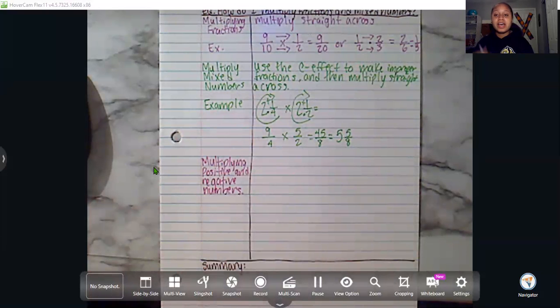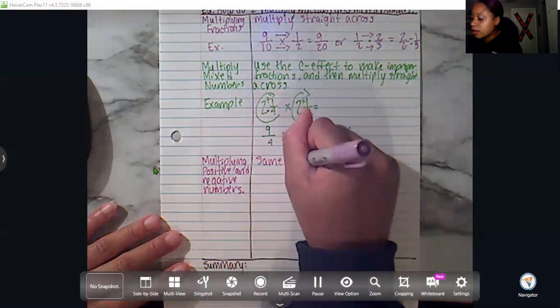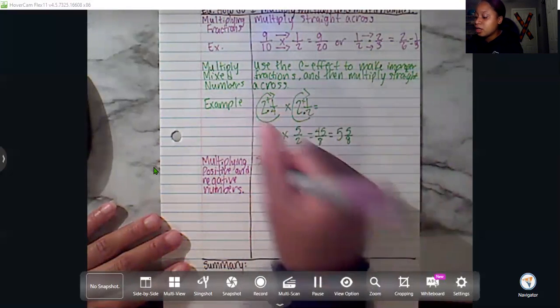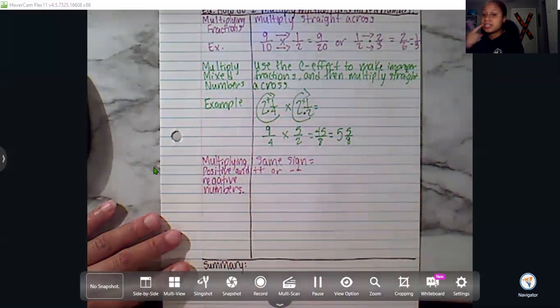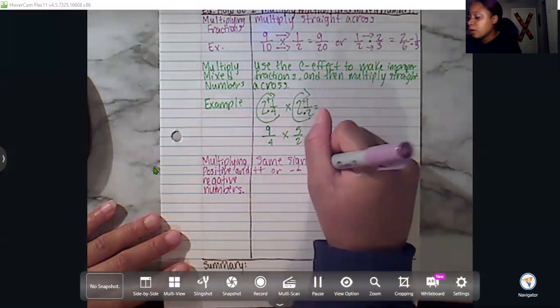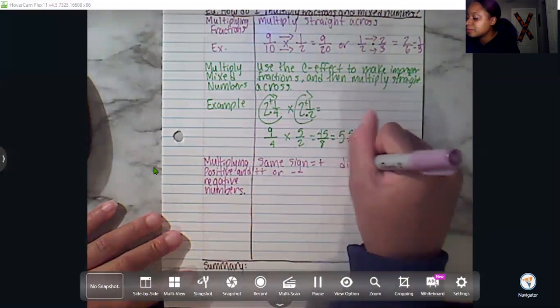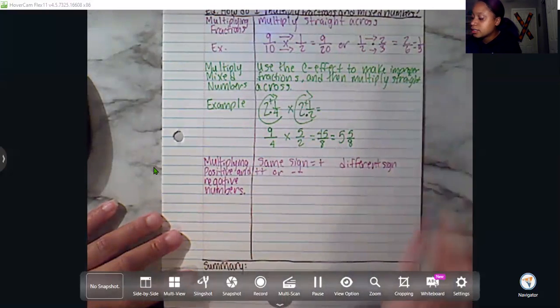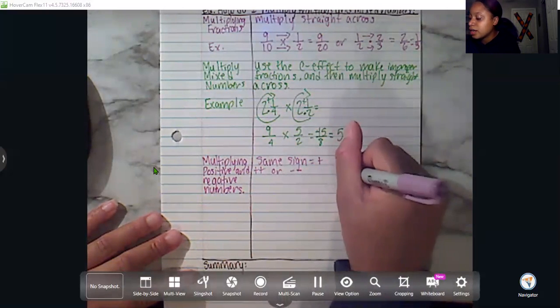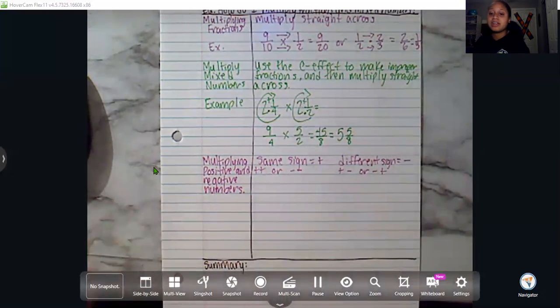If it's the same sign, it's positive, different signs is negative. What I mean by same sign: a positive and a positive or a negative and a negative. Those are the same signs. So that would get you a positive answer. If you have different signs, that's a positive and a negative or a negative and a positive, and that should get you a negative answer.